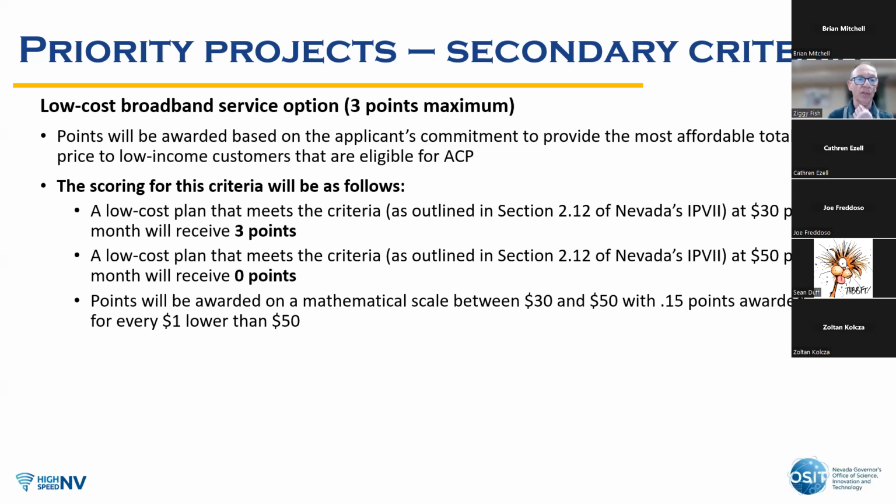If $50 or more, it'll be 0 points. And it's basically a mathematical formula. So you'll get 0.15 points for every dollar lower than 50, and again, for a maximum of 3 points. So hopefully this shouldn't be too difficult to calculate.